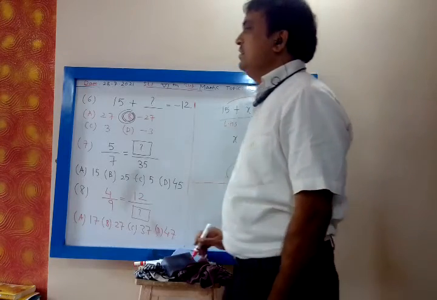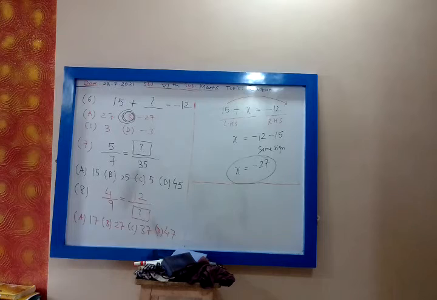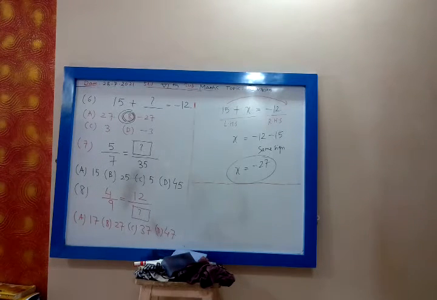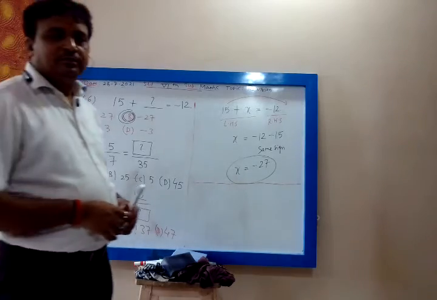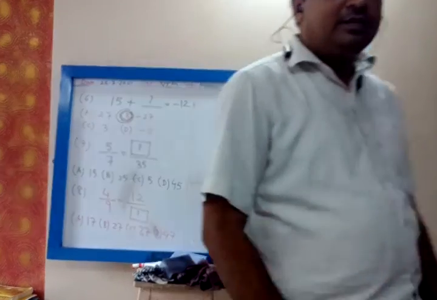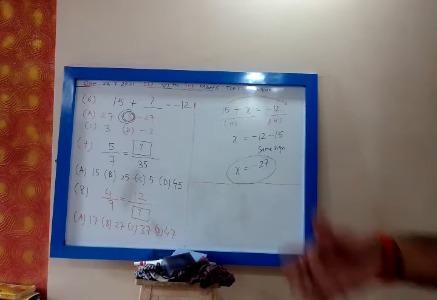You have to give the answer. You cannot run away from interaction. 5 upon 7 is equal to dash upon 35. Yes, tell me the answer. I am waiting for your answer.